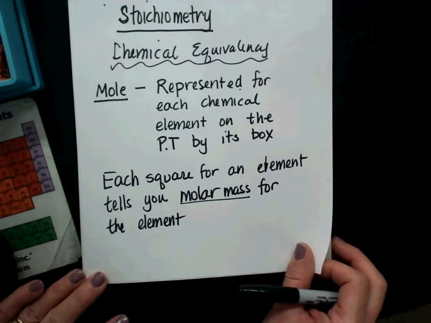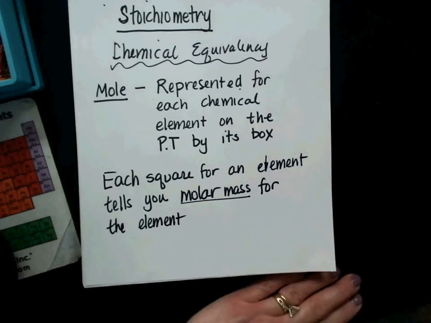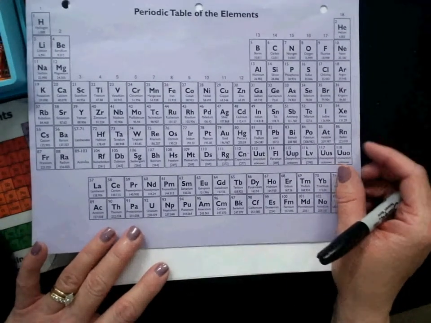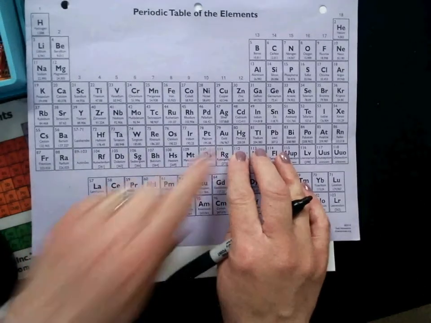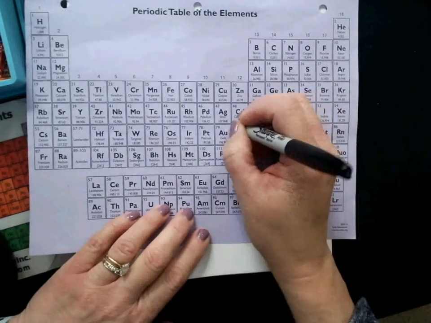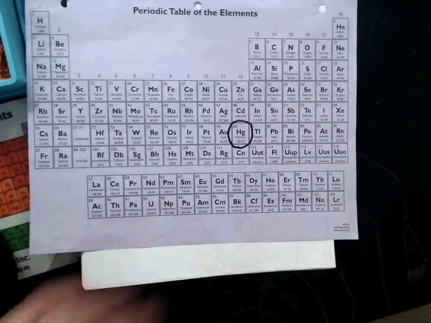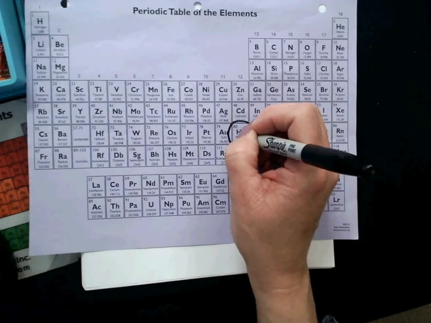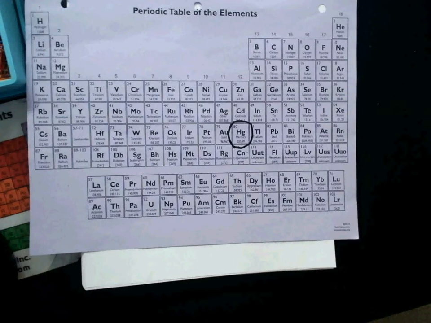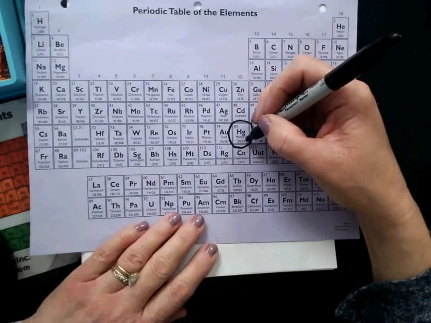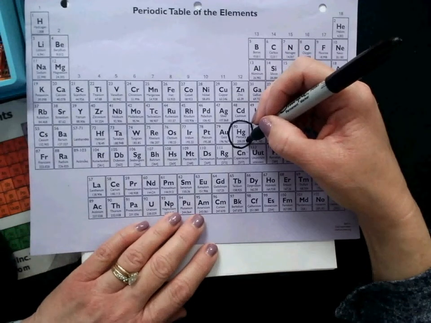So look at your periodic table and find mercury. And I'm going to circle it. When I look at just that square, it represents 1 mole. Also looking at that square, I can say its molar mass is 200.6. I can say its average atomic weight is 200.59.